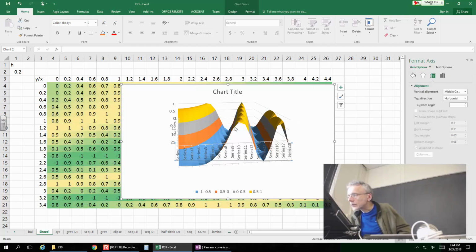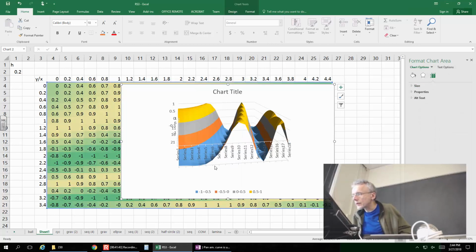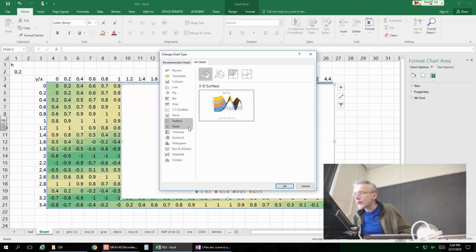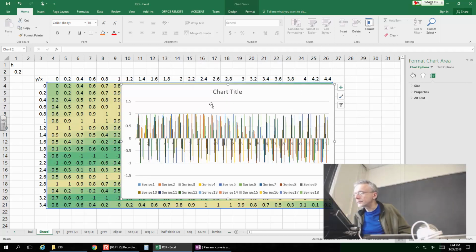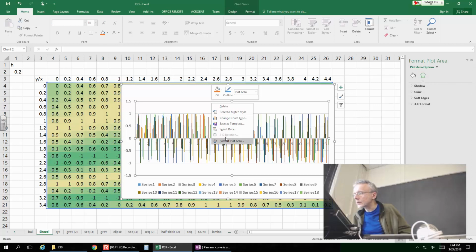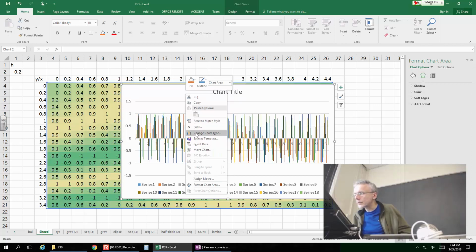There is usually, let me try to change the chart. There are the charts, bars, columns. Okay, let's try it. Well, okay, that's not working out. Hold on a second. Where's the 3D?